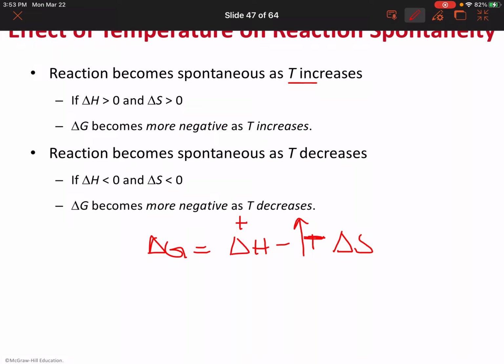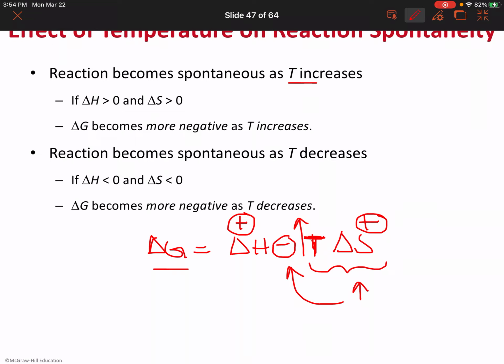So this is T. Delta S positive, so this positive and this negative make it negative. Delta H is also positive, but as the temperature increases, the T delta S term increases, so the negative term increases. As the negative amount increases, delta G becomes spontaneous.